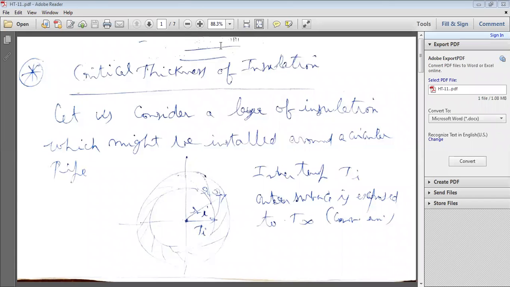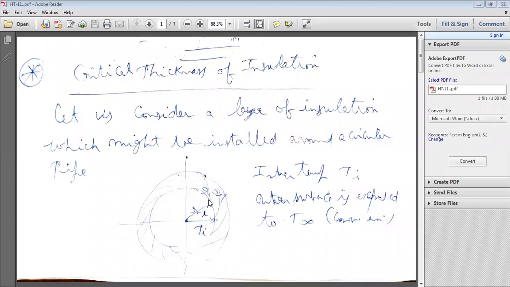You may get one problem on the critical thickness of insulation. For example, take a steel pipe of length L with radius R. Within the steel pipe there is some hot fluid, steam or hot water, flowing, and heat is transferred from this hot fluid to the environment.